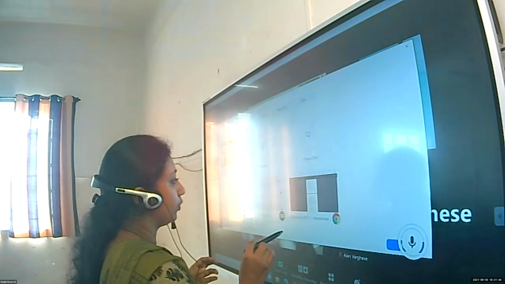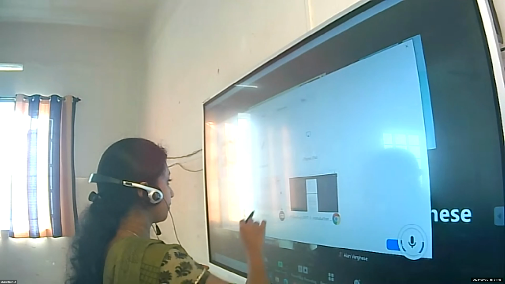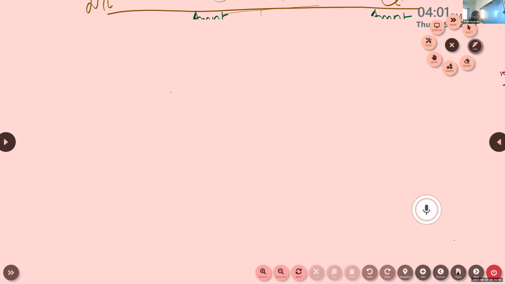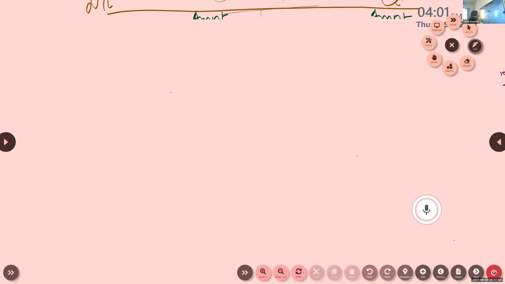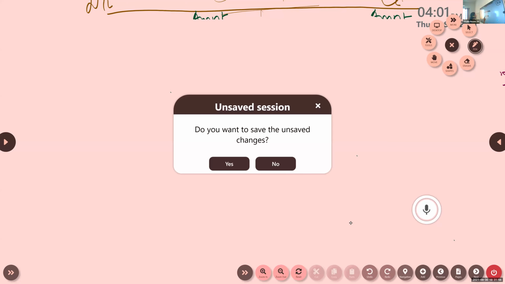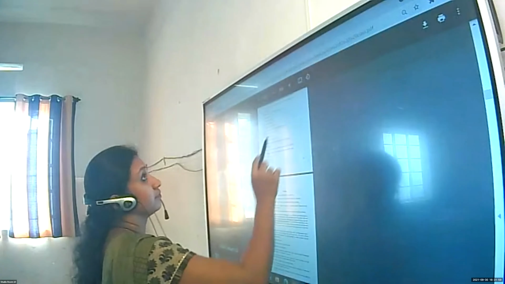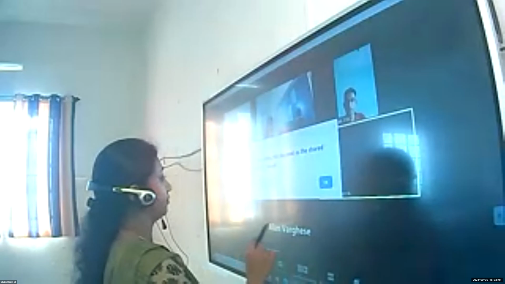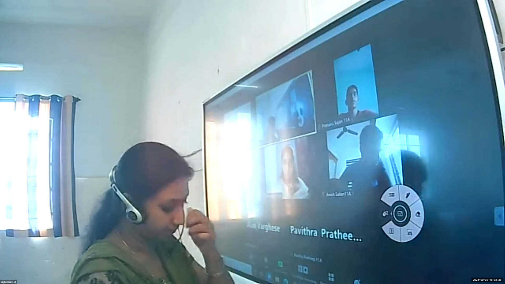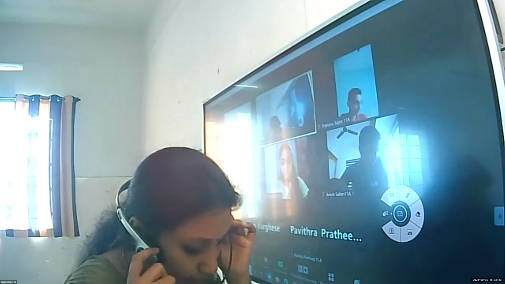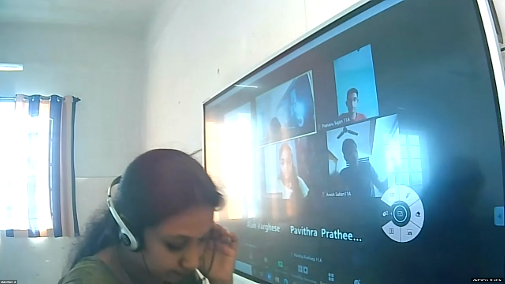Now the cash book is similar to the journal as well as the ledger. It serves both the duties of journal as well as ledger. Please do question number 5.